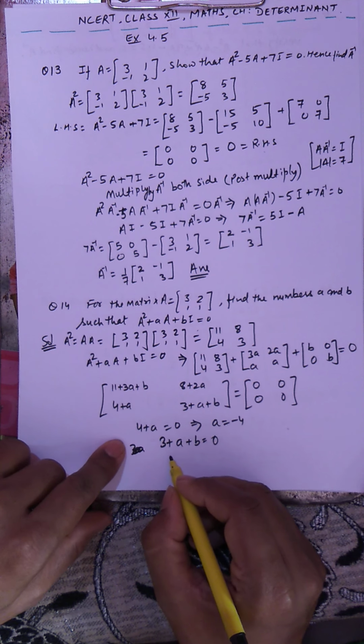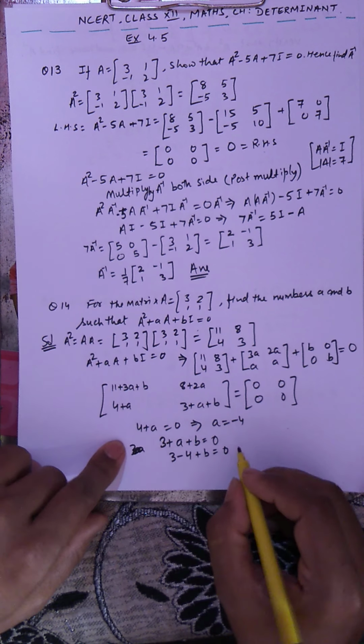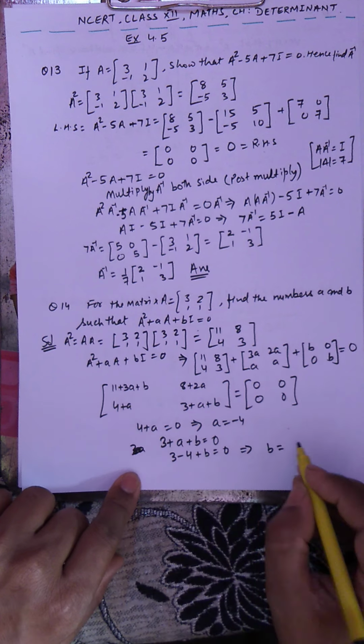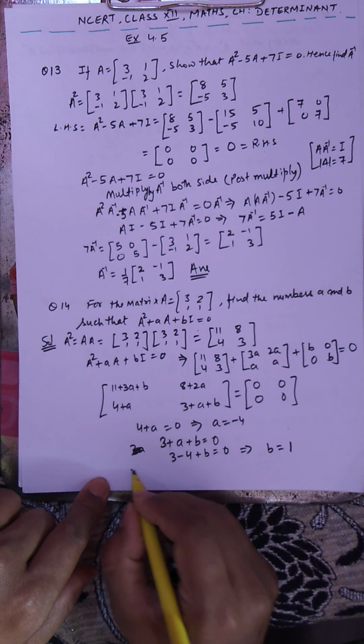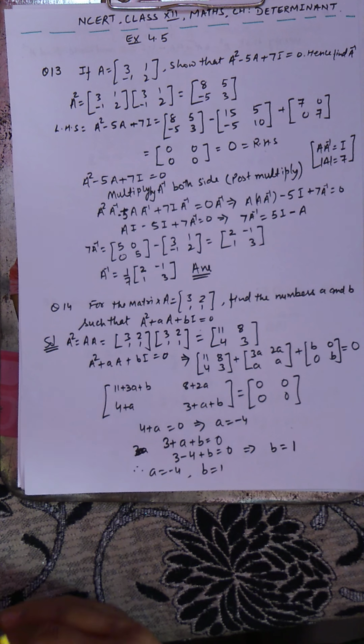So we have a is minus 4, so put minus 4 plus b equal to 0. So b will be 1. So therefore a equal to minus 4 and b equal to 1 is your answer. Remember, this type is really very important.